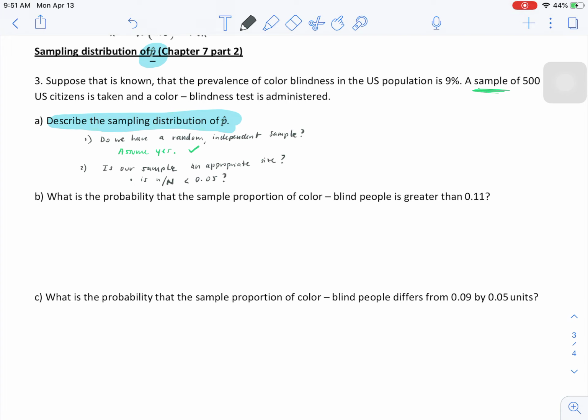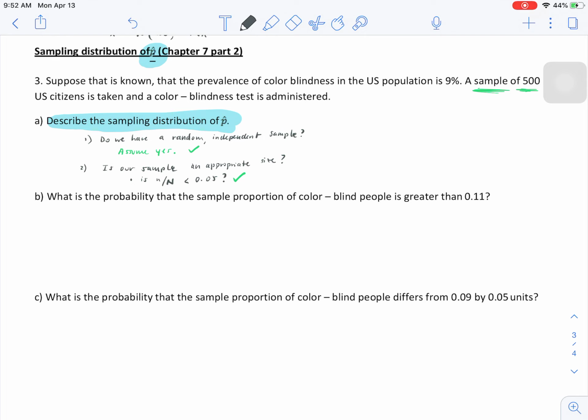In other words, our sample isn't too big. Let's double check. Our sample is 500 people. The population we want to know about is the US population, which is really big, I think about 350 million at this point. So 500 is definitely smaller than 5% of 350 million. So this is good.